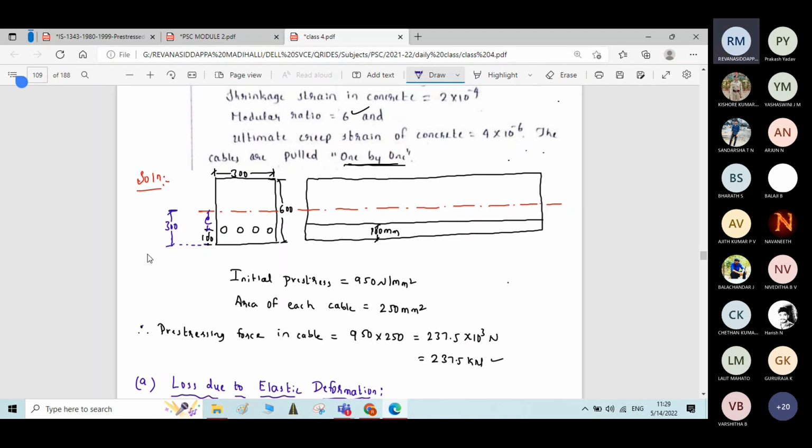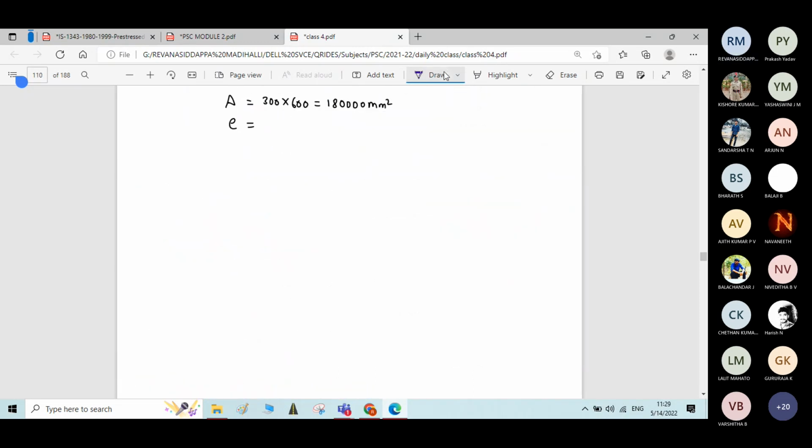Distance of neutral axis from bottom fiber is 300. Distance of cables from bottom fiber is 100. So eccentricity will be 300 minus 100, so it will be 200 mm.